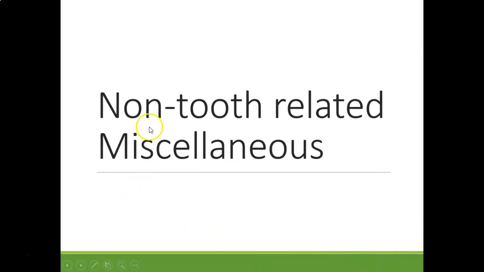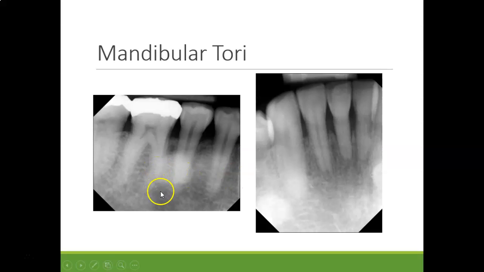Non-tooth related miscellaneous. Mandibular tori, you'll see this clinically, of course, in your patients' mouths, and you'll struggle with your mandibular x-rays, or if they have maxillary tori, to take your films around these. I know it can be very challenging, depending on how big their tori are.